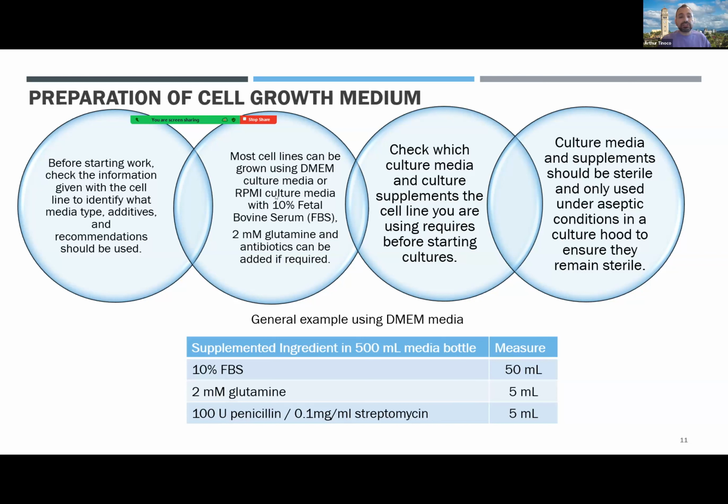One of the things that's supplemented is serum. Serum is basically the fluid part of blood, and the fluid part of blood would not last very long in medium. So that's why you purchase serum separately, store it in a frozen condition, and when you use it, you thaw it out and supplement your media with it.